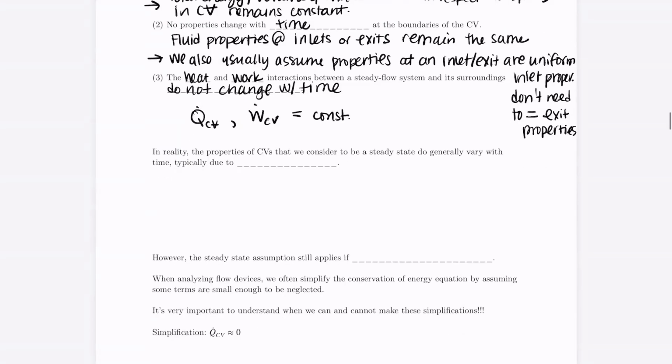All right. In reality, of course, the properties of control volumes that we consider to be steady state do technically vary with time. And typically, this is due to turbulent fluctuations.